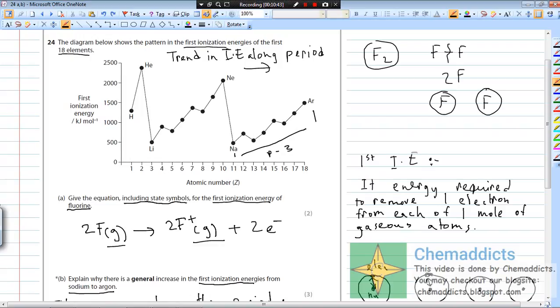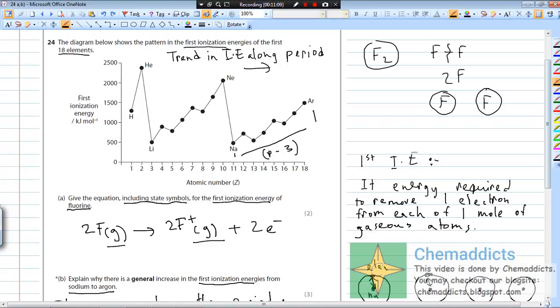The only change will be in the valence shell, the number of electrons in the outer shell. So the total number of electrons in the inner shell remains the same, and the number of inner shells, or shielding, remains the same.